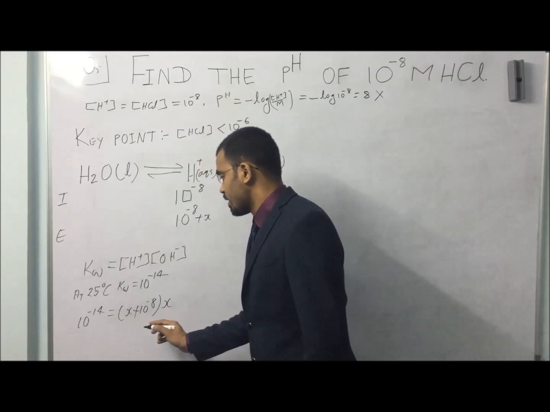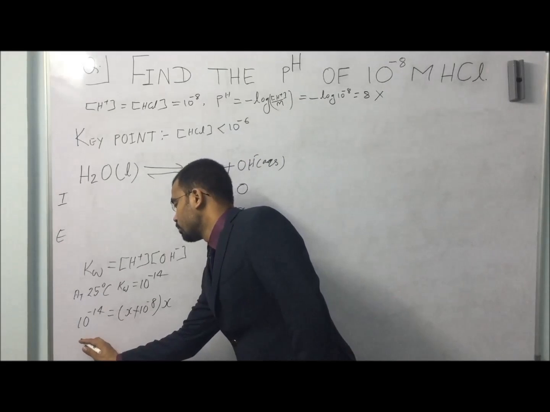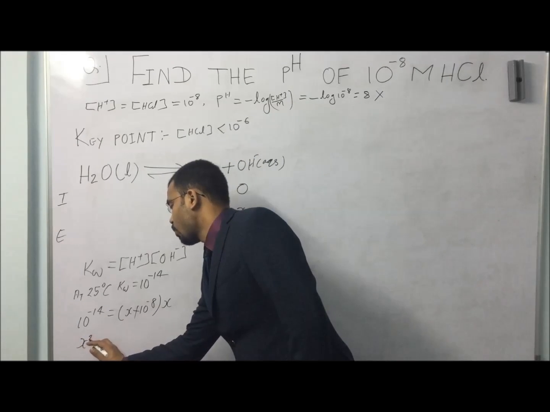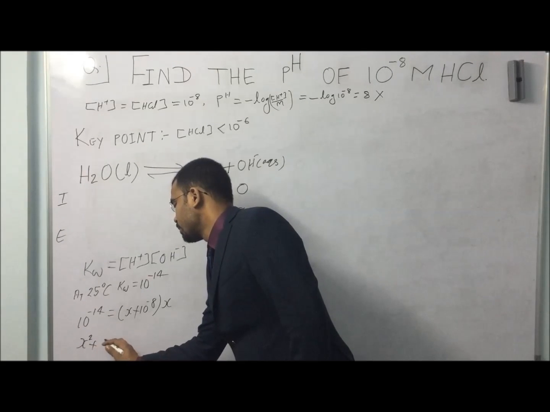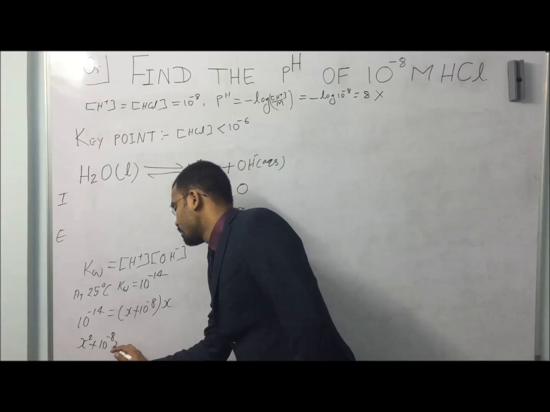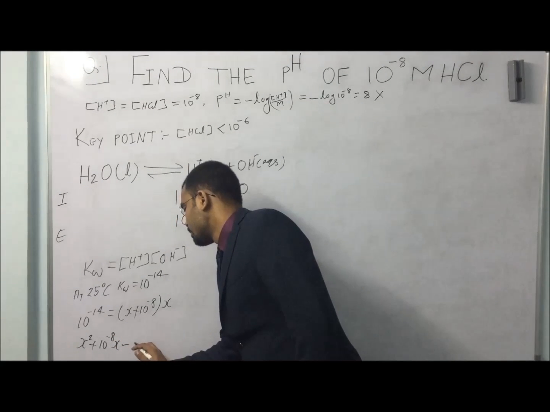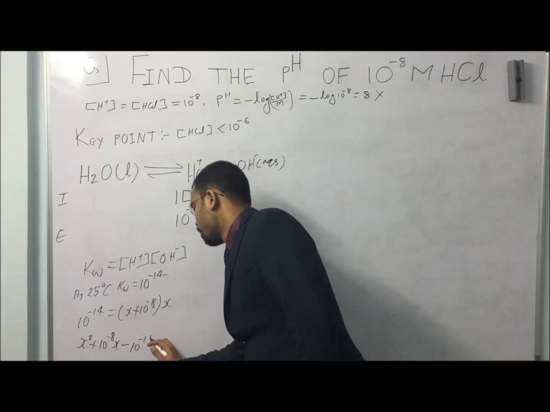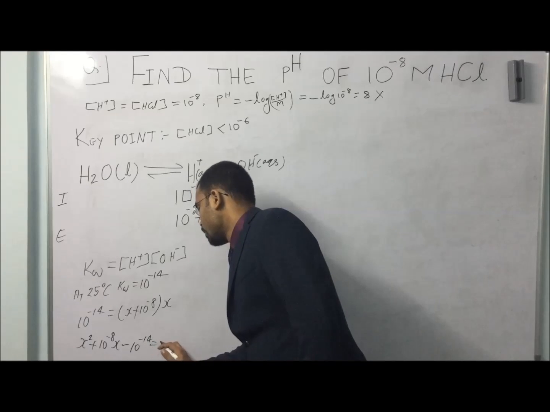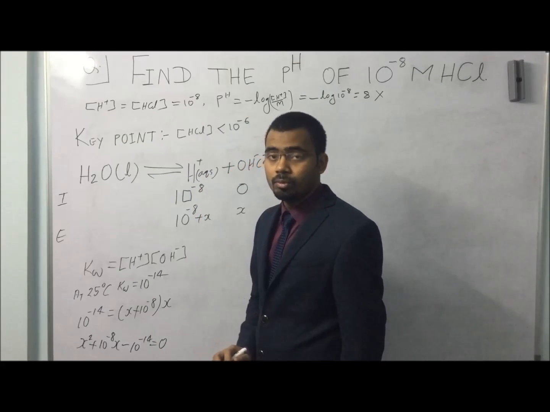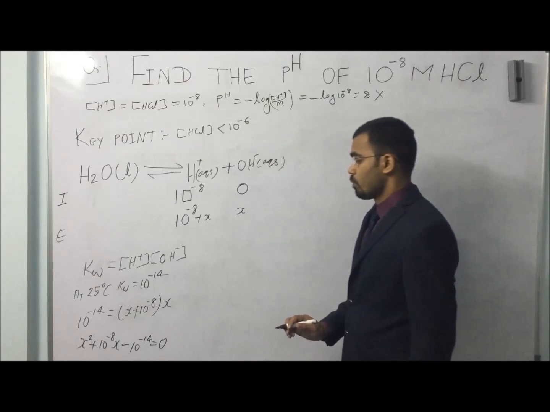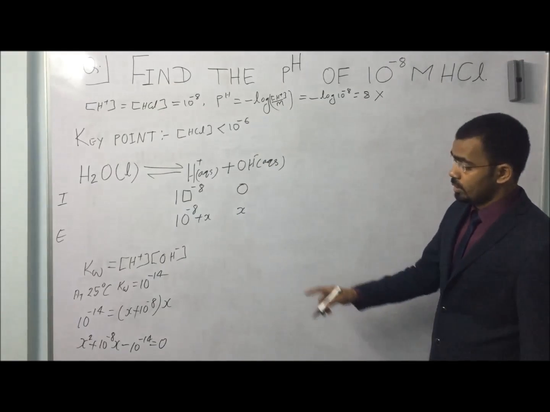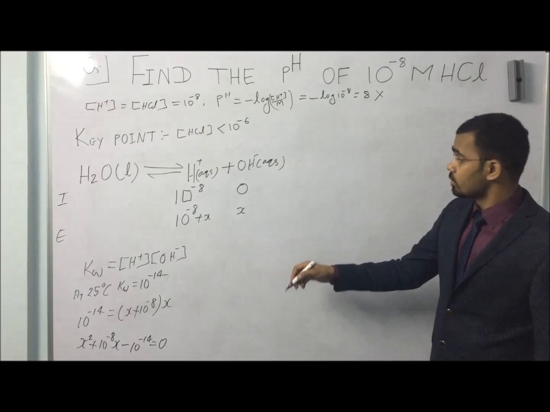It gives a quadratic equation: x square plus 10 raised to minus 8 x minus 10 raised to minus 14 equal to 0. So now we have to solve the given quadratic equation.